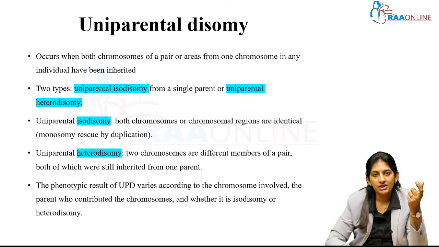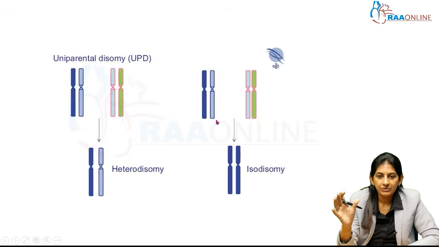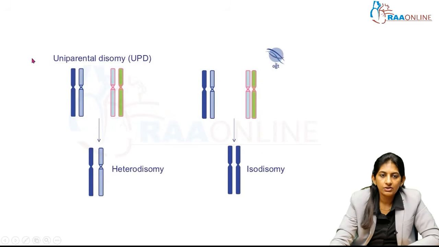There is something called uniparental isodisomy and uniparental heterodisomy. Iso means same. So this is father, this is mother, and this is the resultant fetal gene. Here the chromosomes are both from the father only, and the resultant two chromosomes are different, so it is called heterodisomy.